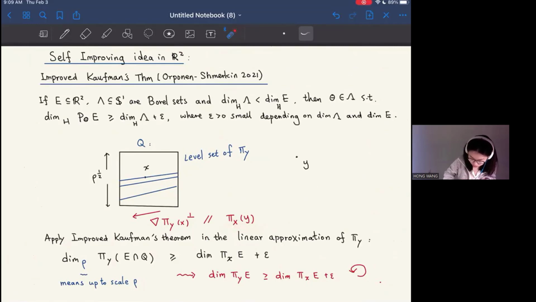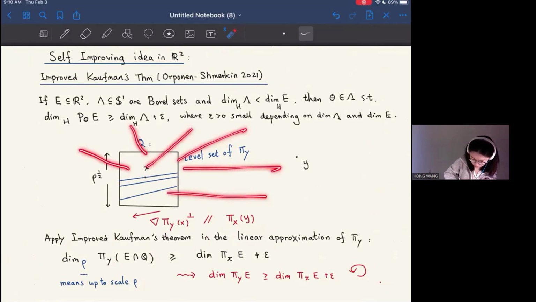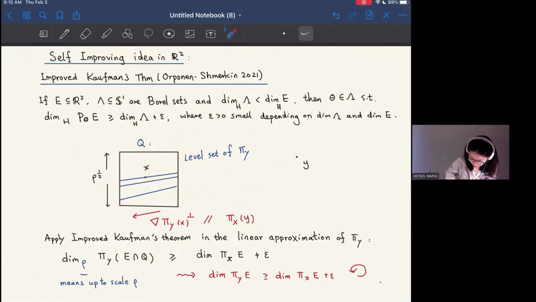So in other words, if we know that pi_x(E) has a certain dimension, then the radial projection image will have a slightly larger dimension.